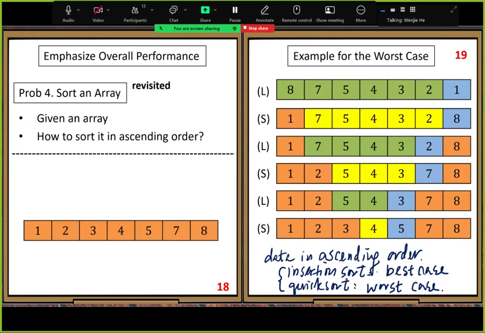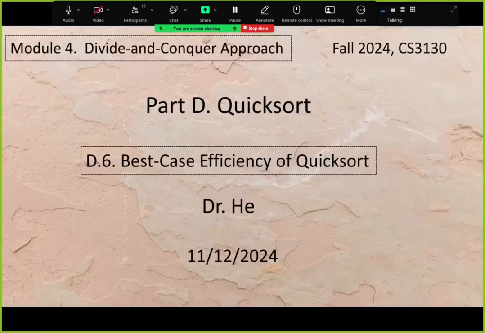Next, the best case. This time, we go the opposite way of the worst case, that is, the data is distributed in the most balanced way.